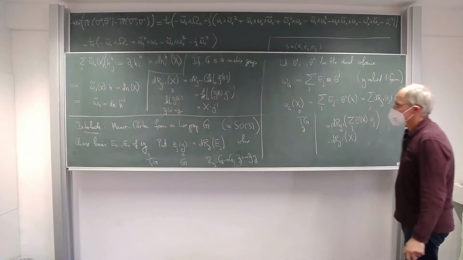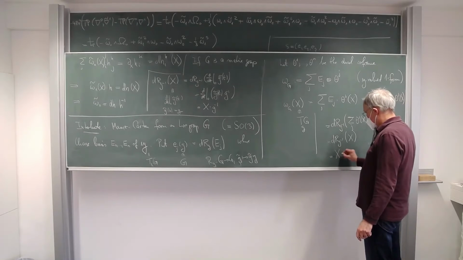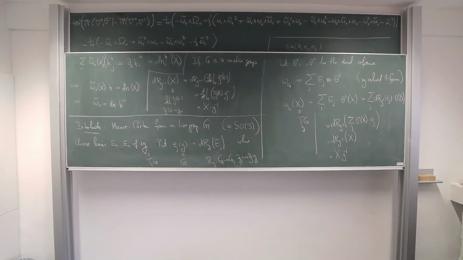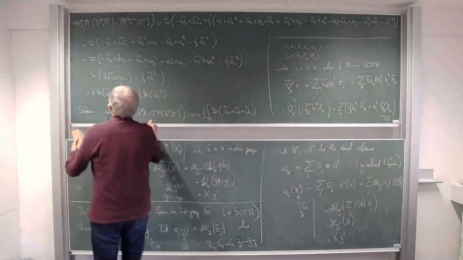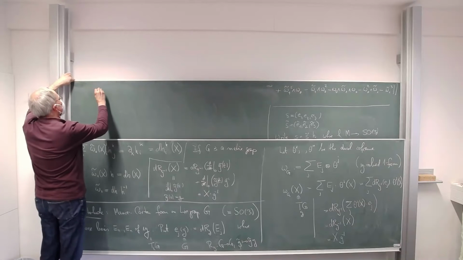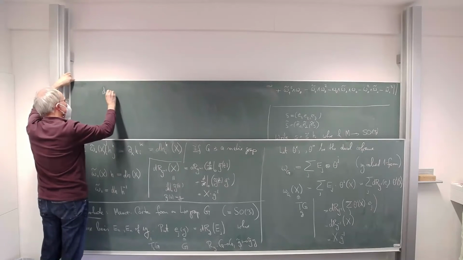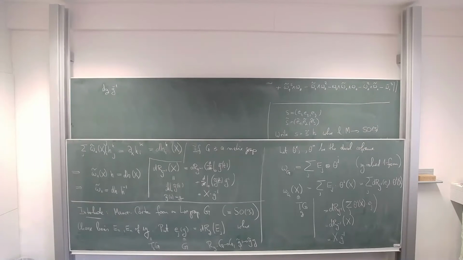So then we have that. In the matrix group case, I could write this as X times g to the minus 1. And now, still in the matrix case, I might look at the one form dg times g to the minus 1 as a one form.